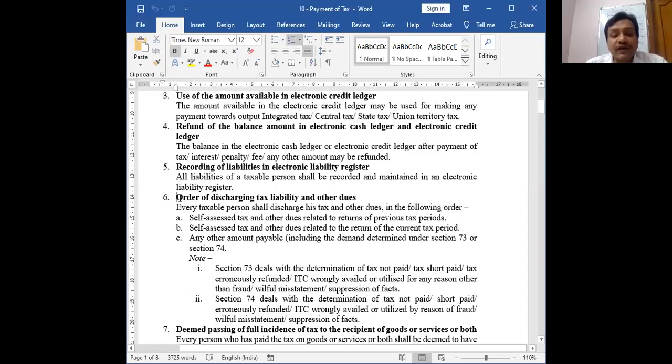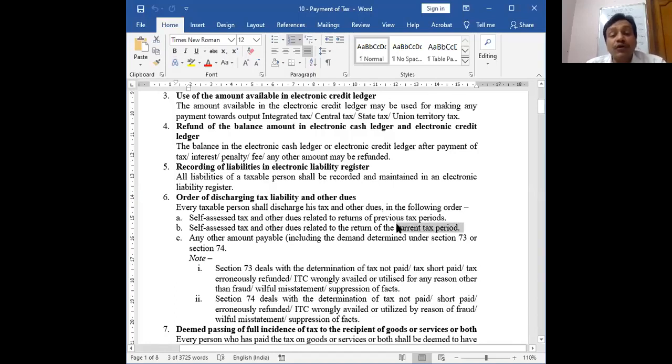How do you discharge your tax liabilities? What is the order of discharging tax liabilities? Now suppose I have to pay 2 lakh rupees as tax to the government. First I have to pay the tax of my last year periods. This is the first preference: I have to pay my previous year taxes first, if these are still unpaid. After paying my previous year taxes, I can come to pay current year taxes.